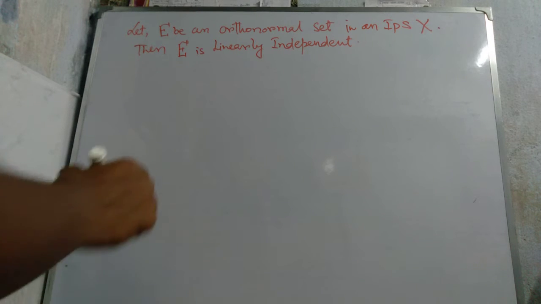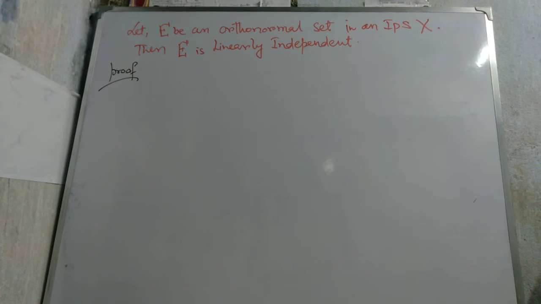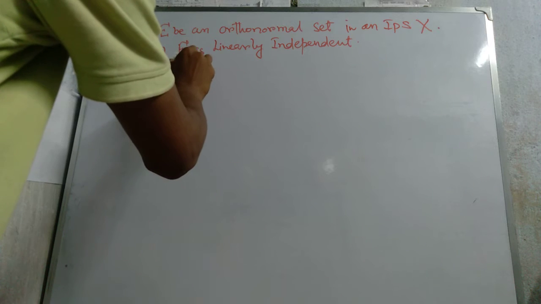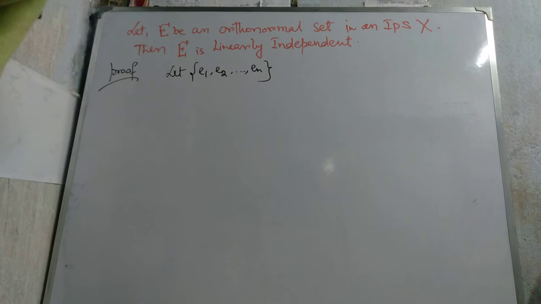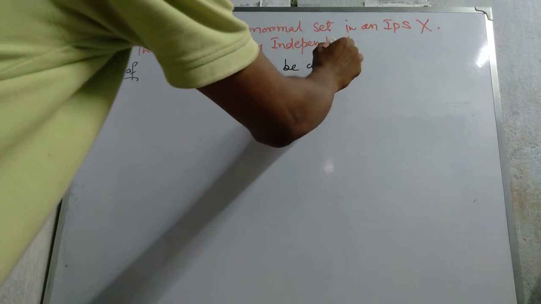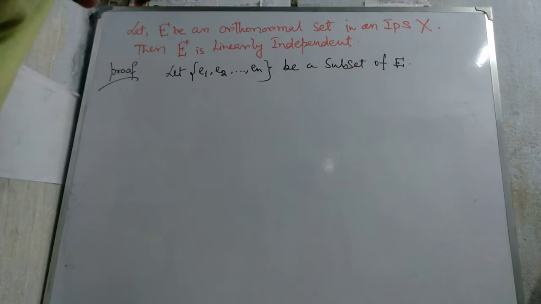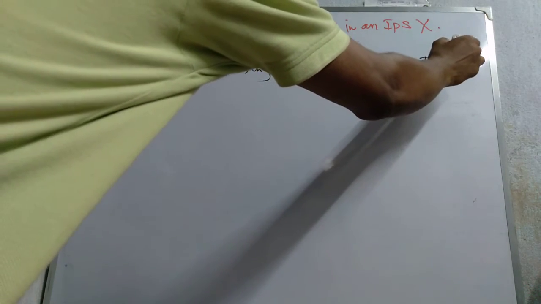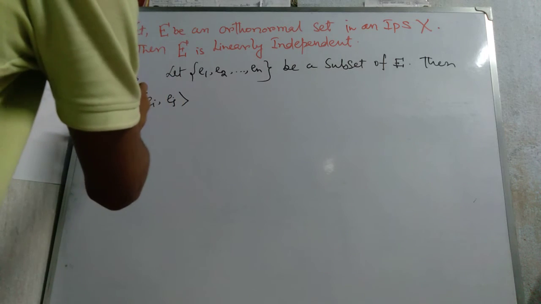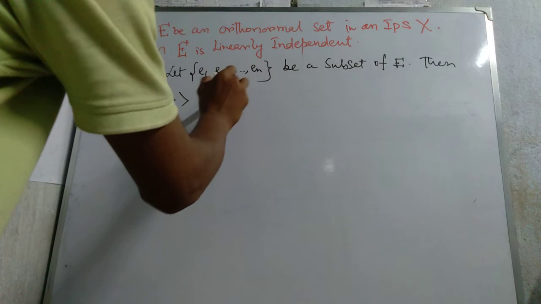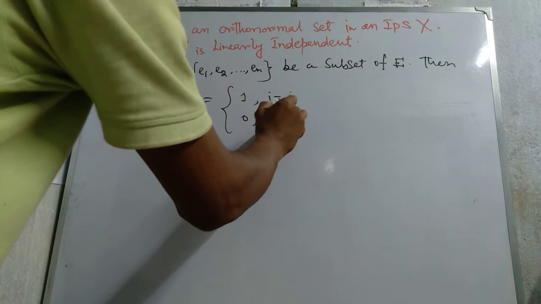Now we write the proof of this proposition. Let e1, e2, ..., en be a subset of E. Then the inner product of ei and ej is equal to 1 if i equals j and 0 if i is not equal to j.